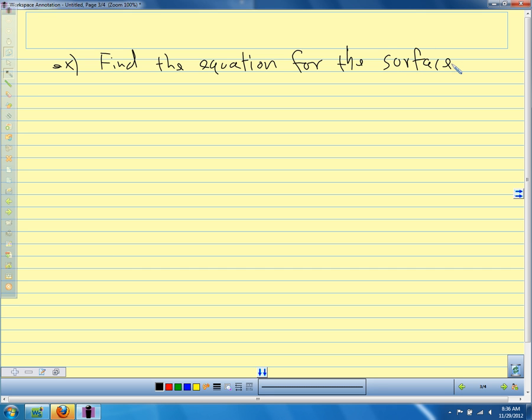So we want to find the equation for the surface. We're going to form it by revolving z equals the natural log of y about the z-axis.